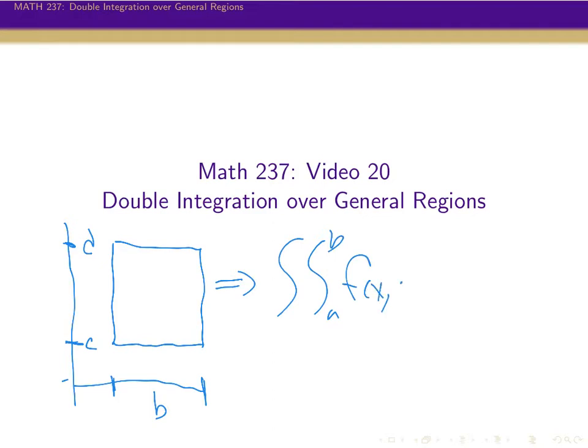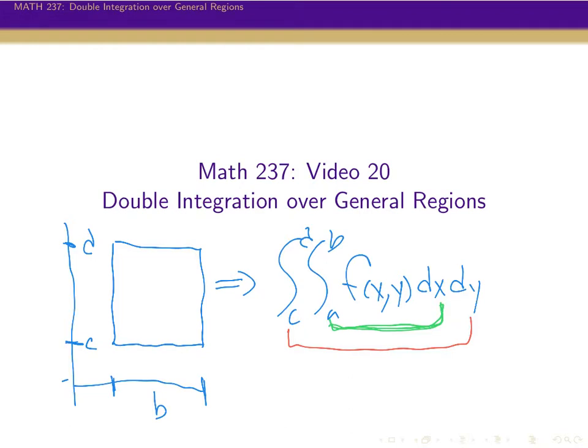Say we wanted to integrate in terms of x first: the x values are going from a to b, and the y values are going from c to d. Remember, the inside integral goes with the first d, with the first variable. The outside variable goes with the y, and so in this one we'd be integrating x first, and then we'd be integrating in terms of y.